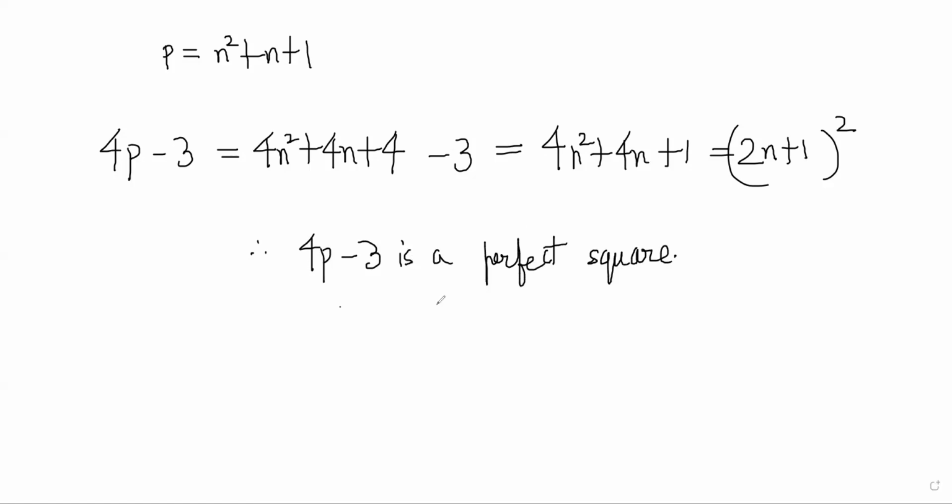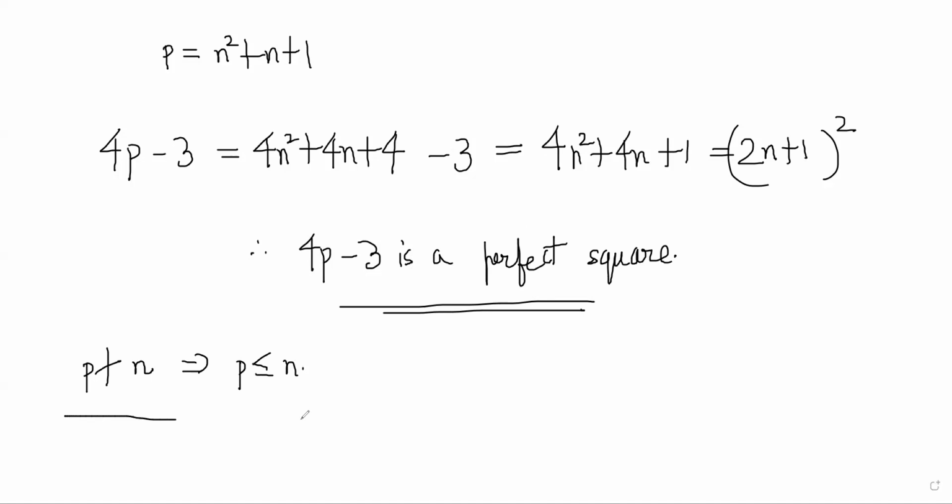So we have come to the end of the proof. However, keep in mind what ideas we have used in this. We use the fact that if P divides n, it implies P is less than or equal to n. This idea we have used repeatedly here.